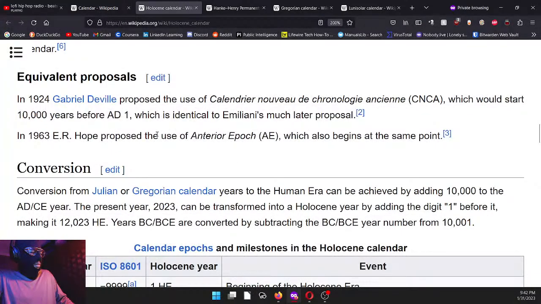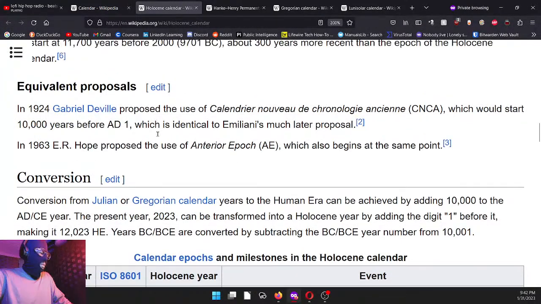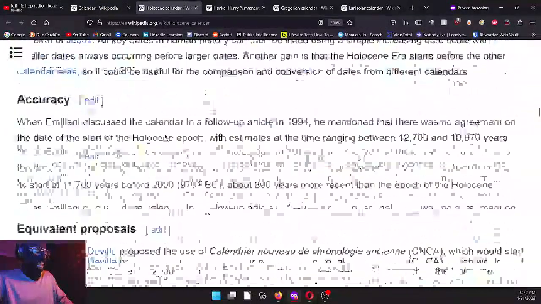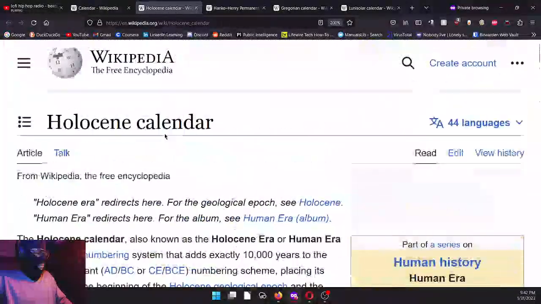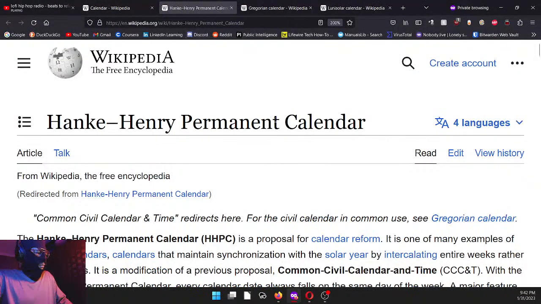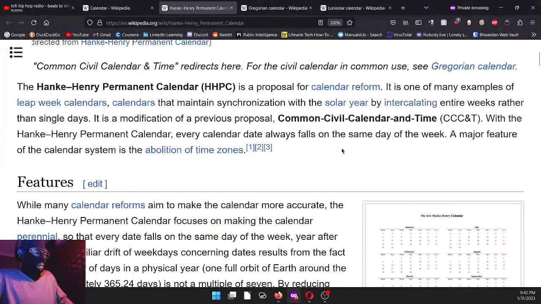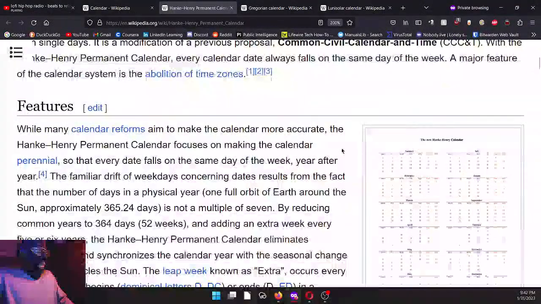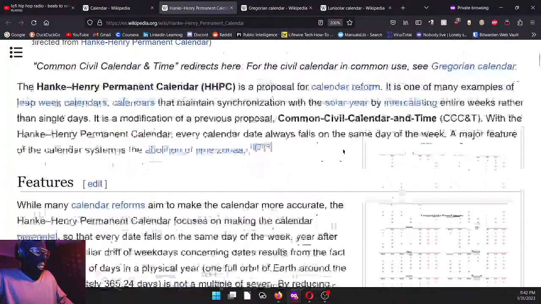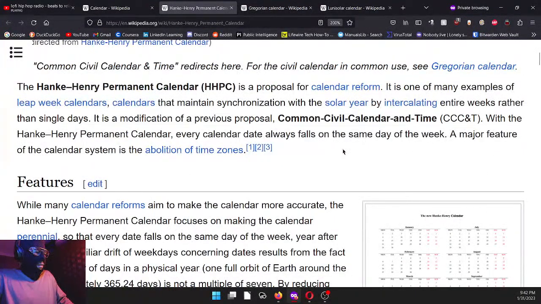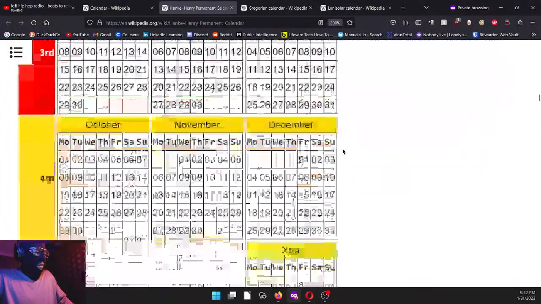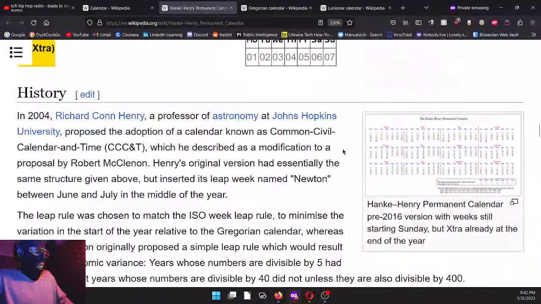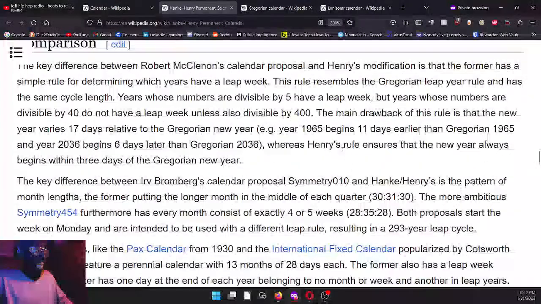Proposals. Okay, so it was supposedly proposed in 1924, but there are some other iterations of this. That was the Hanke-Henry.